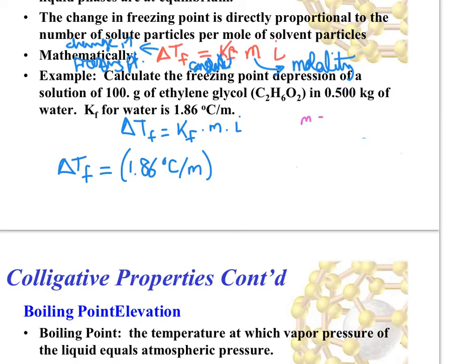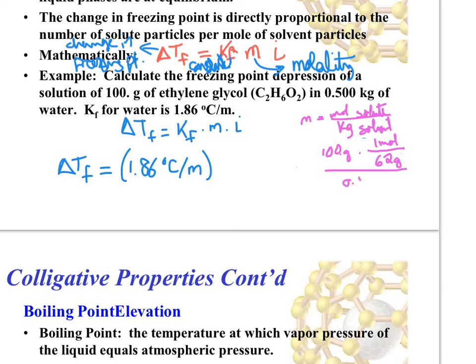So molality is moles of solute over kilograms of solvent. My solute is my ethylene glycol, so I have 100 grams. And I'll change that to moles. The molar mass is 62 grams per mole. So that's my moles, and then I'm going to divide by the kilograms of solvent.